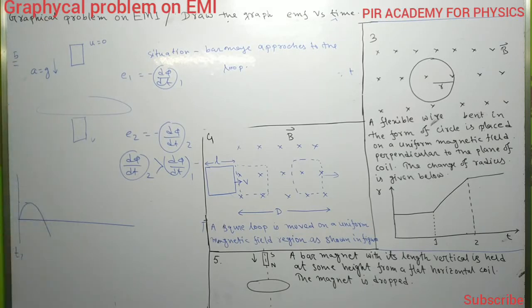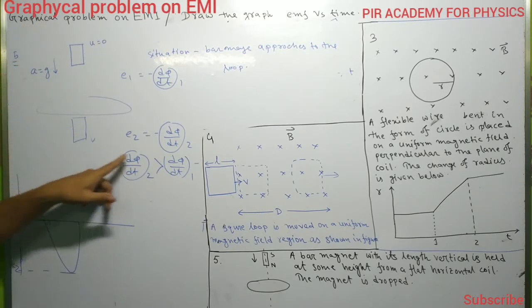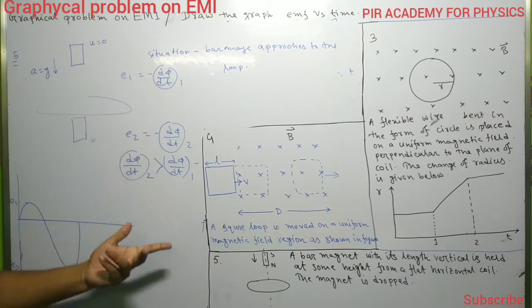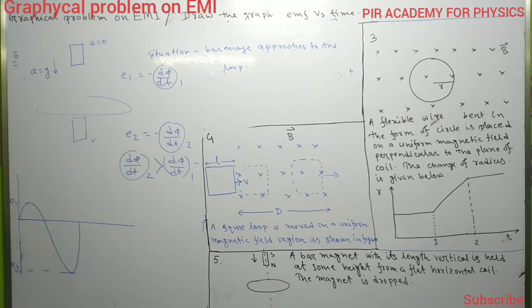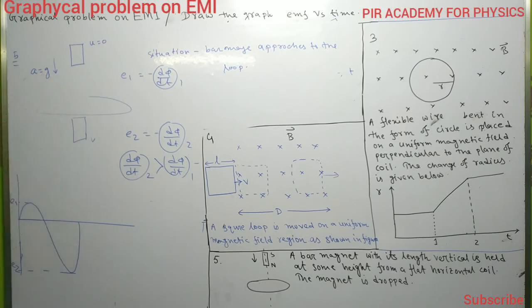So suppose this is E1, and this is E2. E2 must be greater, because the velocity of the magnet increases, so the change of magnetic flux must increase, so the induced EMF must increase. So in this condition, up to this portion, the value of induced EMF is less than when this magnet has passed away from this loop.